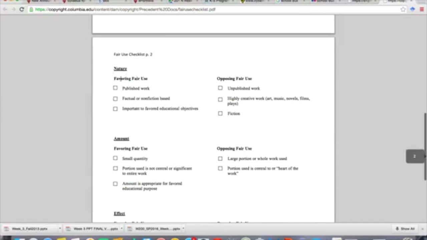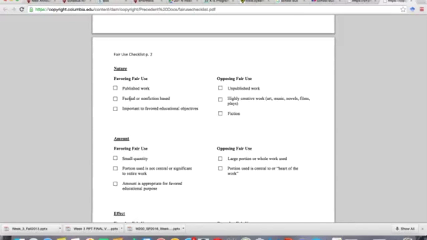Next is the nature. So is the nature of the actual work, if it's highly creative works like art, like a play or a novel or poetry, things like that, that is opposing fair use, and that gets really, really tricky in that particular element.